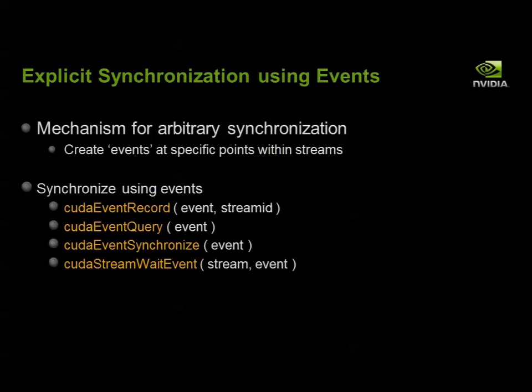And for that, we have this mechanism called events, which are basically just markers in each one of the streams that you can query, and you can figure out, have I reached this point in my execution? So you can synchronize on events, you can wait for events in another stream, so you can do a lot of, again, synchronization between the asynchronous execution.